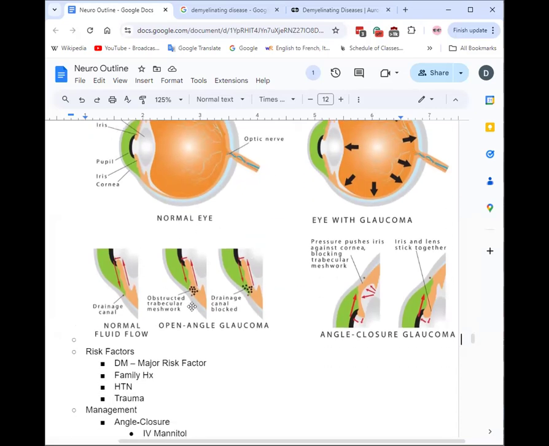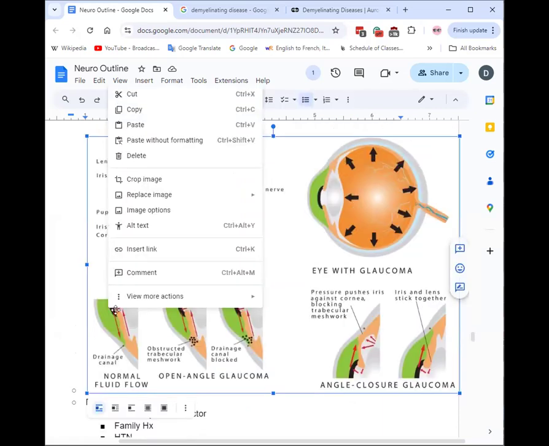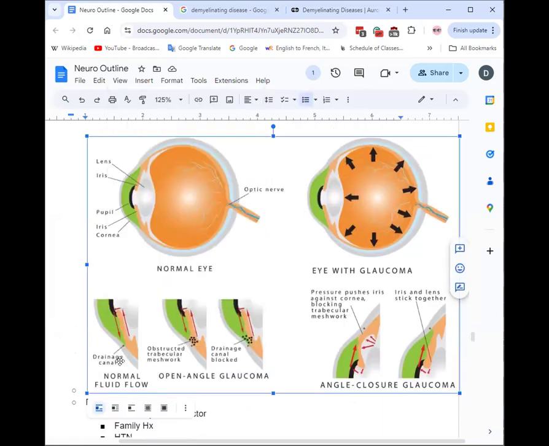With open angle glaucoma, the eye has a drainage canal where fluid runs through. It's an obstruction by something, as you can see, like the little network here that allows it to cycle through is obstructed.